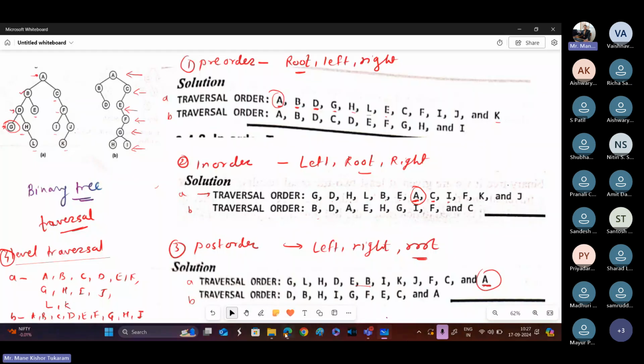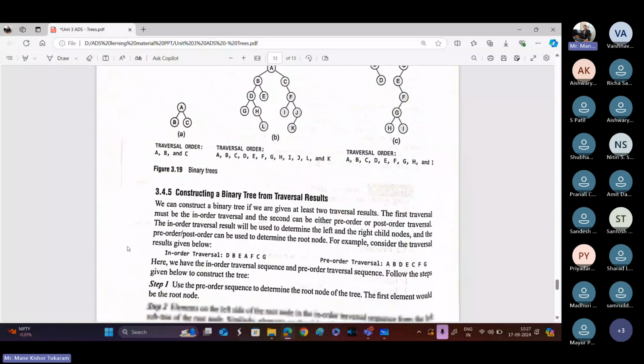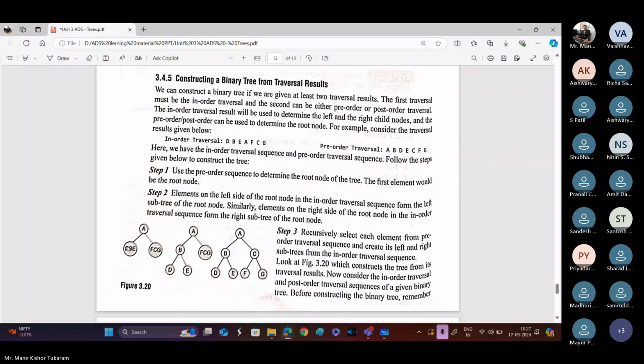The next one, so all examples we have just taken. Then here one more concept, that is constructing a binary tree from the traversal result. Suppose I'm given the in order traversal or pre-order or post order. Okay. So in that, what is my requirement? I can construct the binary tree if at least 2 traversals are given.